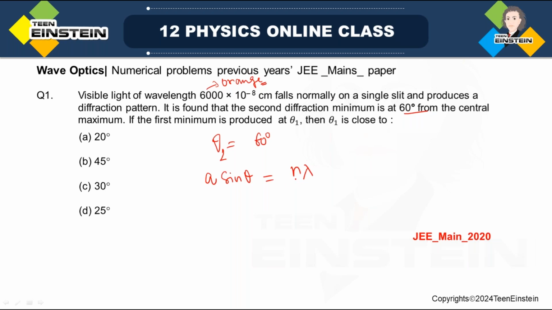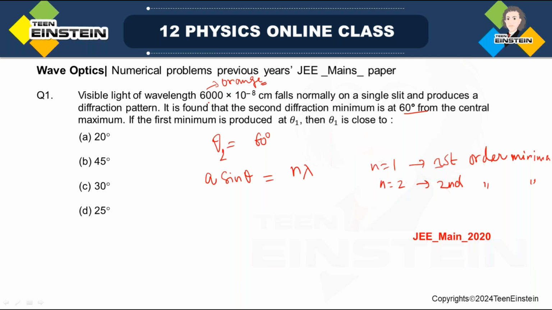Here it is minima. n equal to 1 means first order minima, and n equal to 2 means second order minima, like that.